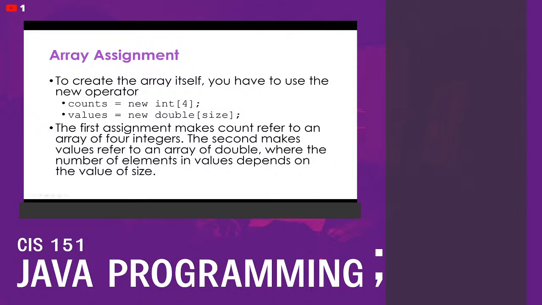During the declaration process, I create counts, and that establishes my parent container. And then during this assignment process, we're saying new int 4 inside of the square brackets. And in that case, that number inside of the square brackets becomes really important, because this is what we're using to create all those subcontainers.